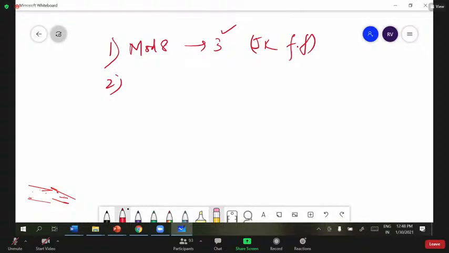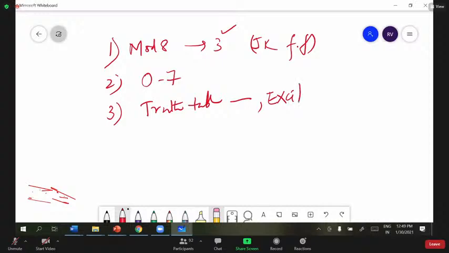And what is its counting sequence? 0 to 7. We should know. Third one, you should know the truth table of the JK flip-flop, and from that truth table you should know the excitation table. Okay, so this you should know.